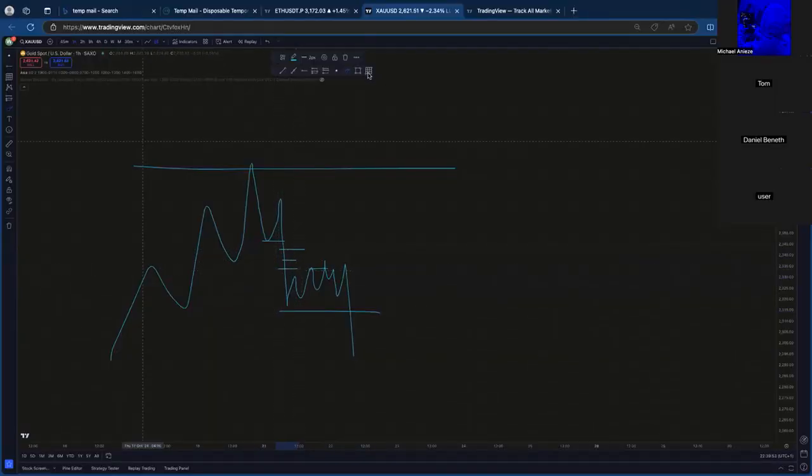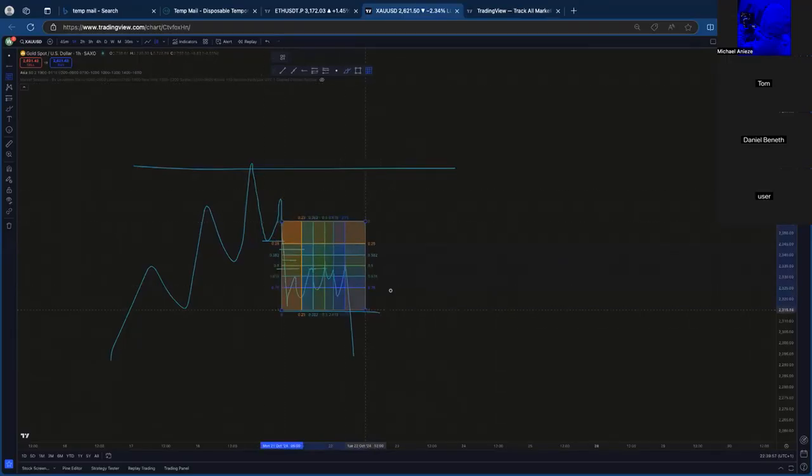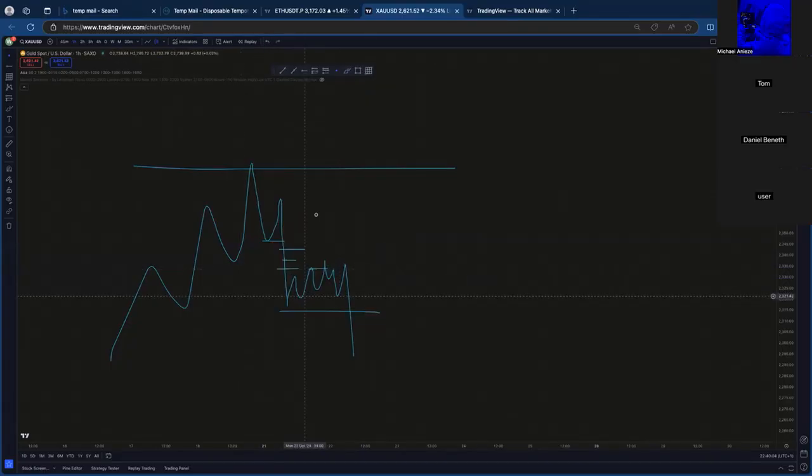So I'll just let price fill 50% of this imbalance and then we shoot down. Instead of waiting for price, there's actually less chance that price will pull up into this guy because it has gotten far away.